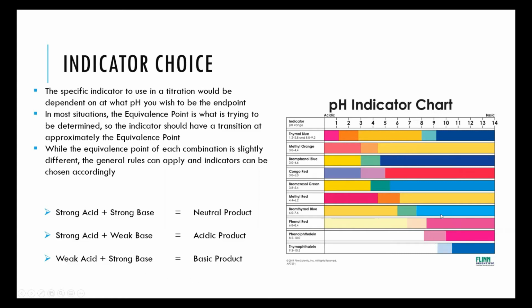So these indicators down here would be good for that type of titration to tell you when the equivalence point has occurred based on this visual observation. And you can look at these equivalence points and choose which indicator would be best for your equivalence points.